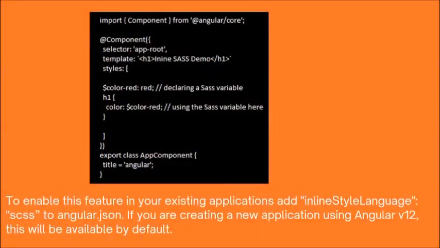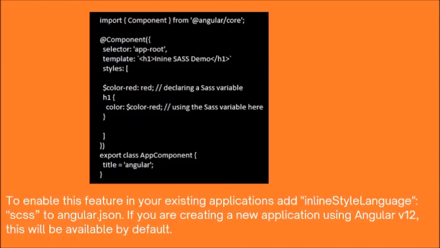To explain with a scenario, you can see from the code a new variable called color red is created and assigned to the h1 color property. Ideally, the h1 content should have shown in red color, but it does not. That's the problem till Angular version 11.